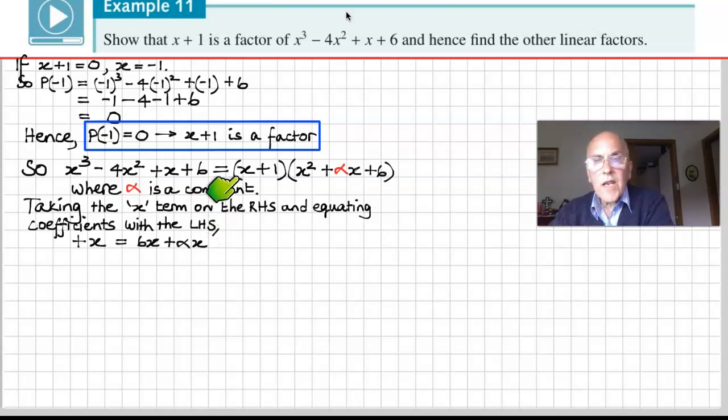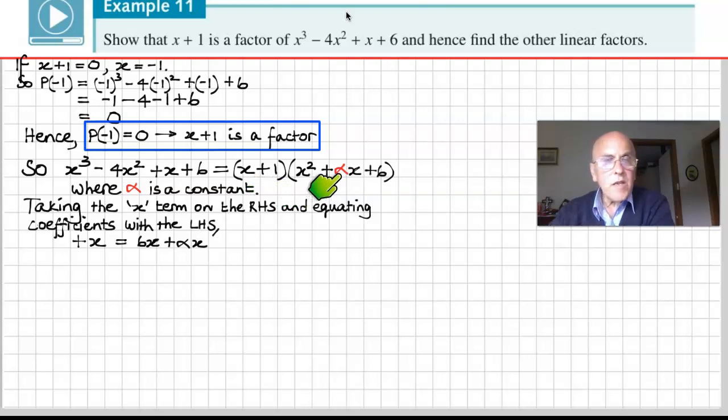Now what I'm saying is this: for this first term in the linear factor bracket, we've got here x times 6 would get us 6x, wouldn't it? Yeah. And for the plus 1, then if I multiply the plus 1 by this middle term, I'll get alpha x, okay?